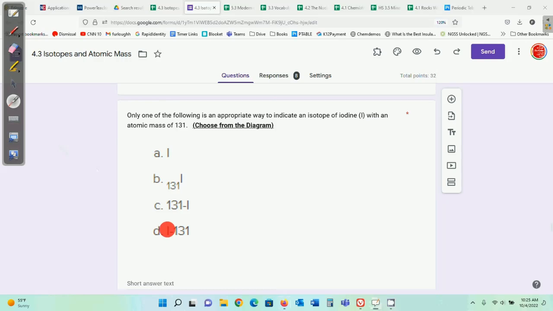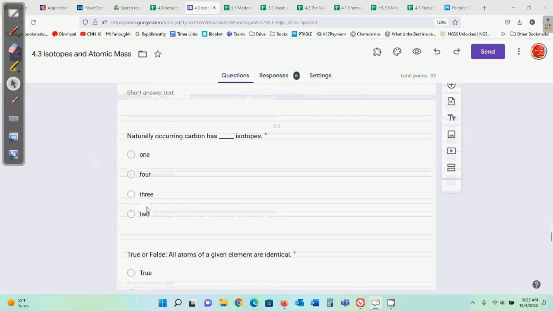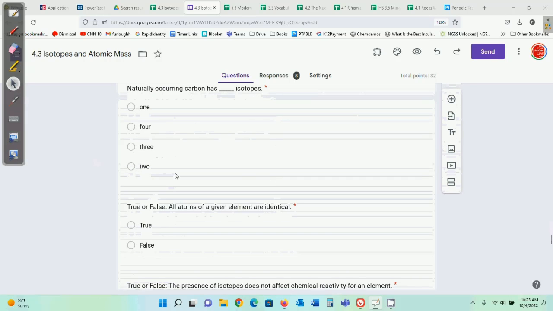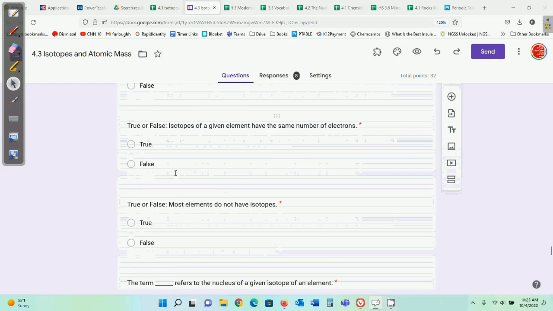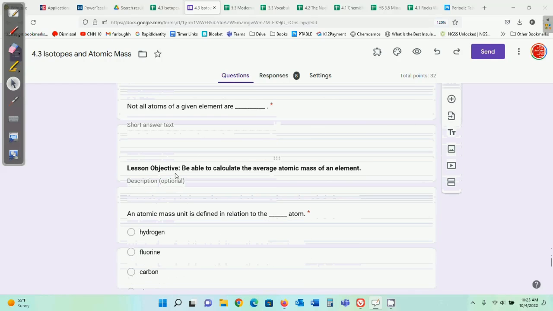So this is the chemical symbol for iodine. It's an I, capital I. And then you have 131. So that is the atomic mass or the mass number of this specific isotope. So this is correct.